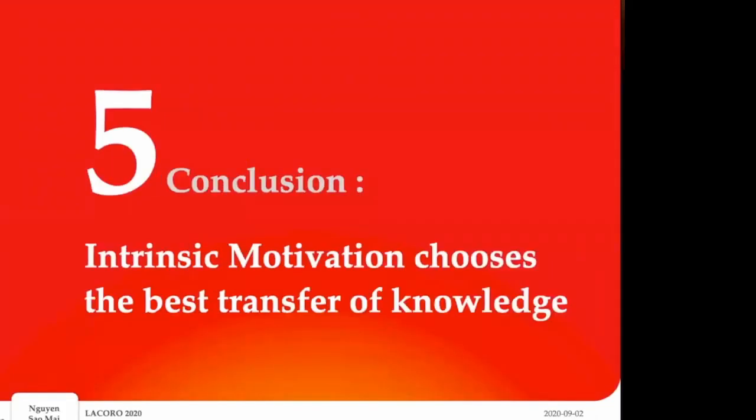So as a conclusion, I'd like to say that we have presented learning algorithms in various forms for multitask learning, leveraging hierarchy, leveraging discovery of tasks, where we showed that intrinsic motivation, and in particular competence and competence progress, can be used to choose the best transfer of knowledge possible.